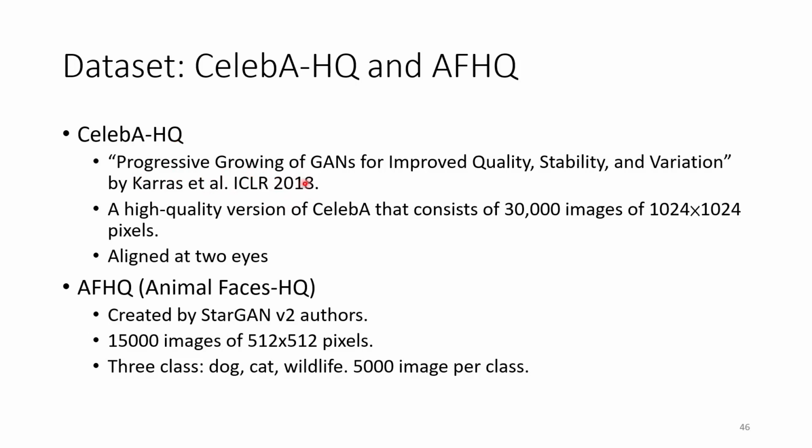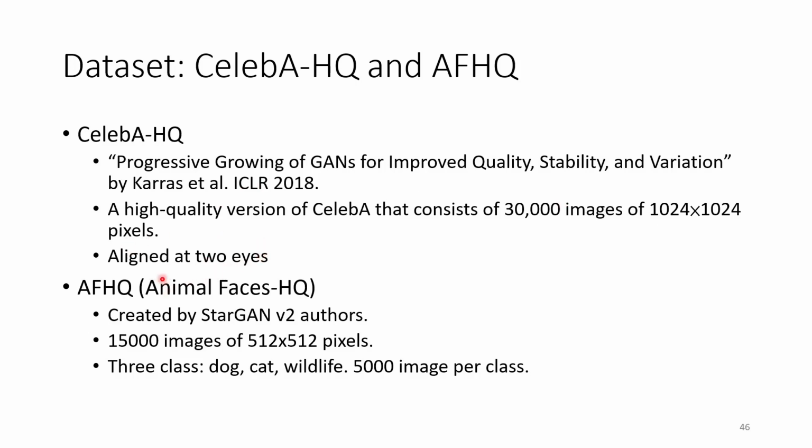So what is progressive GAN? Progressive GAN is the previous generation of StyleGAN. The first author is Karras. He published 5 papers all about the StyleGAN. Compared with the CelebA dataset, there are fewer images, but all of those images are the same resolution and high quality, and all of them are aligned at the 2 eyes.